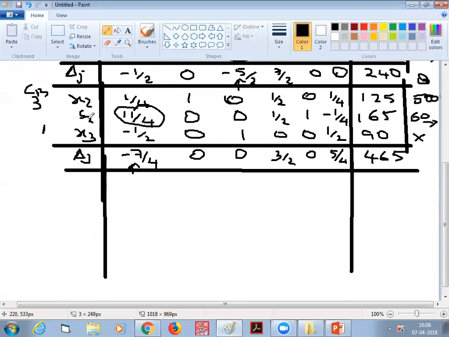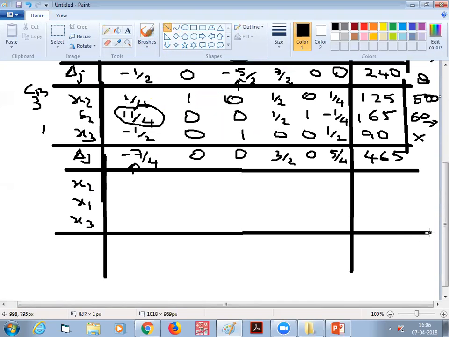All right, so what are the basic variables now? X2, X1, and X3. So all variables become basic. All right. So the pivot row we divide by the pivot entry. So this becomes 1, 0, 0. So 1 by 2 is the same as 2 by 4. 2 by 4 divided by 11 by 4 is 2 by 11.